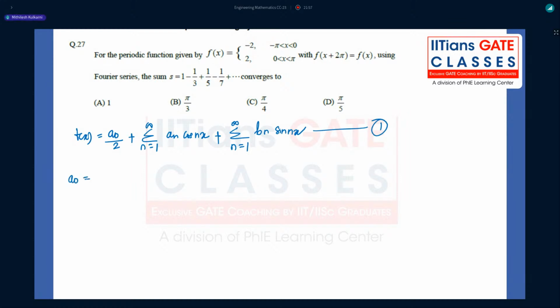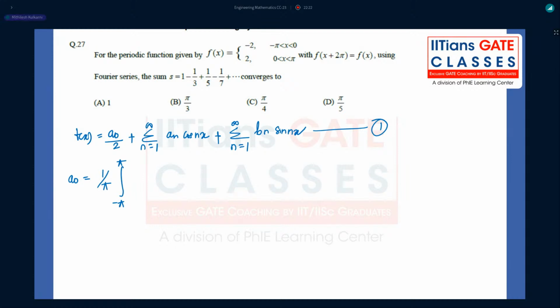The general formula for a naught is 1 upon pi, integration minus pi to plus pi, f of x dx.